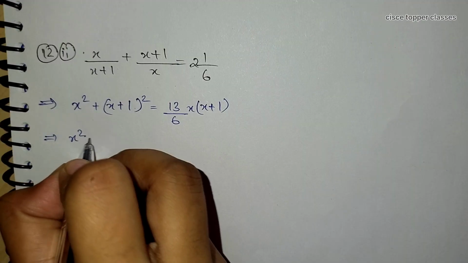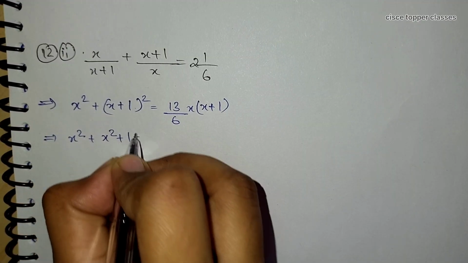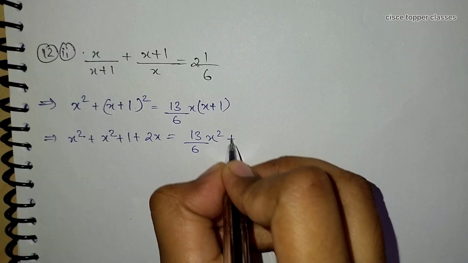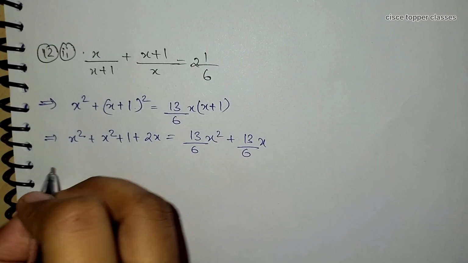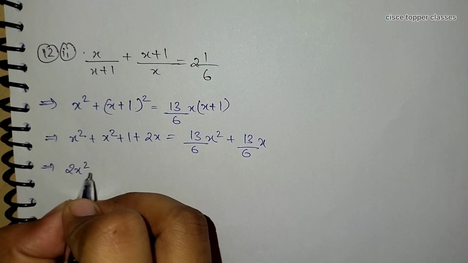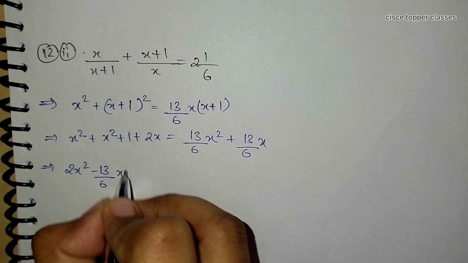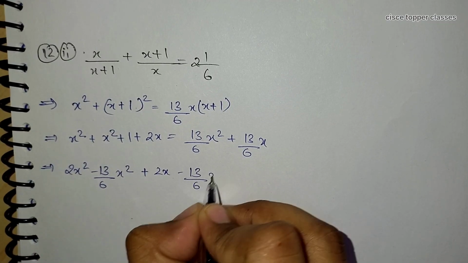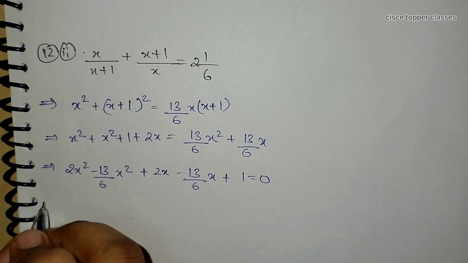So x square plus 1 plus 2x equal to 13 by 6 x square plus 13 by 6 x. So here 2x square minus 13 by 6 x square plus 2x minus 13 by 6 x plus 1 equal to 0.